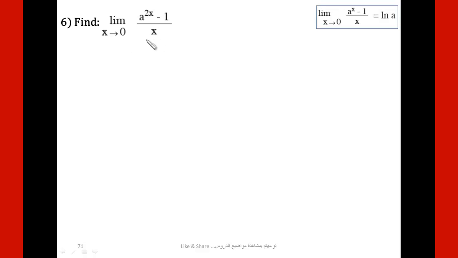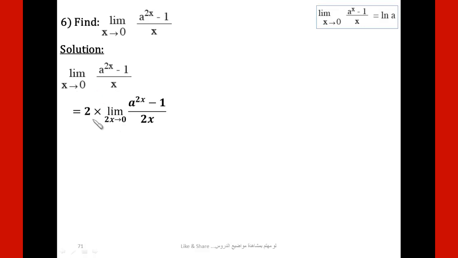We only change its form to be as the rule. So the limit of a power 2x minus 1 over x when x tends to 0 equals 2 times a power 2x minus 1 over 2x. We're multiplying up and down by 2.